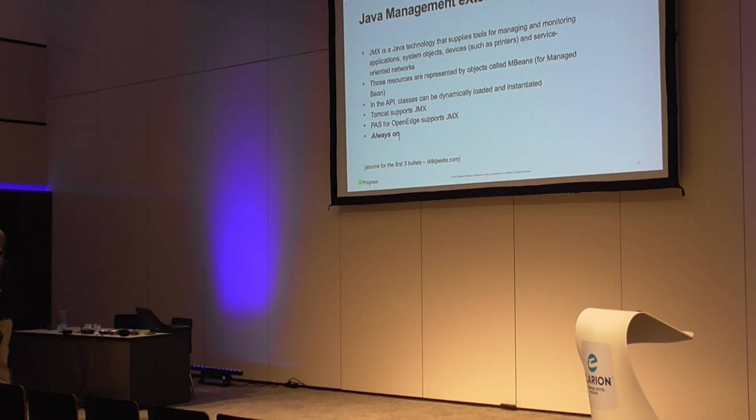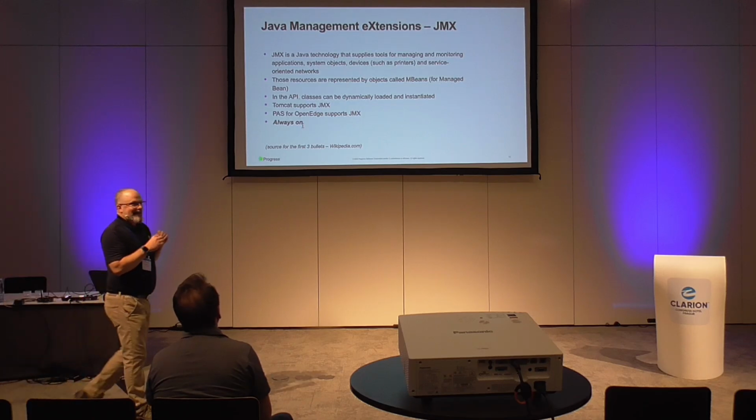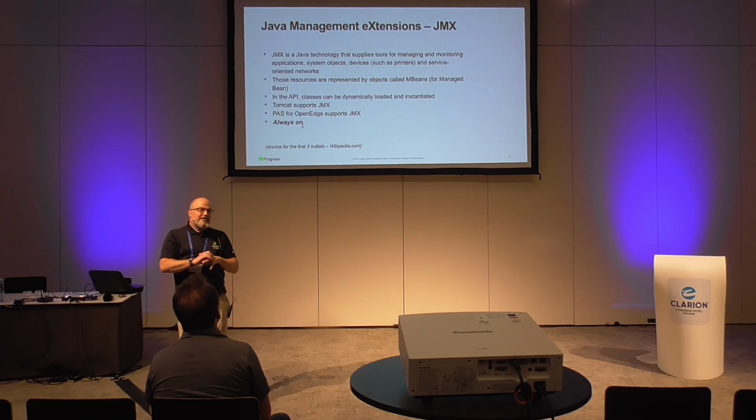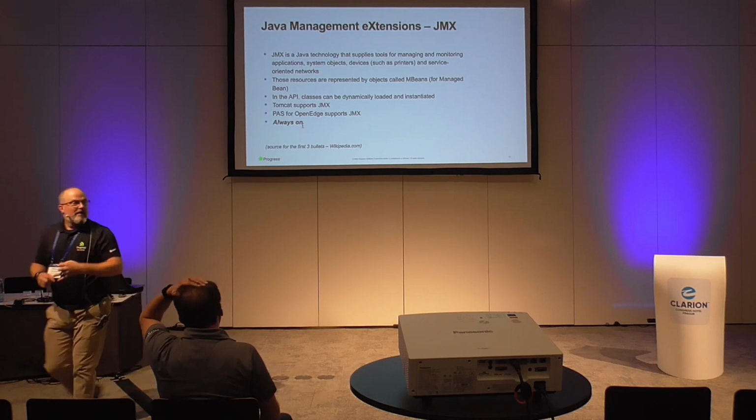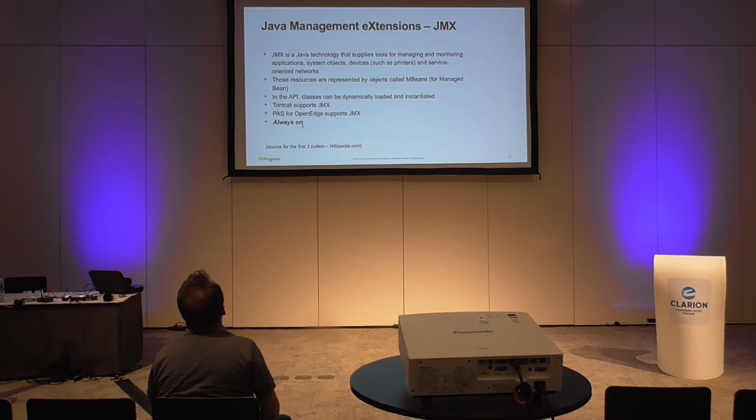Like, maybe it's Tomcat. I can connect to that Java memory. I can ask for the Catalina connector for HTTP, and then I'll ask him, tell me how many connections you've received, how many connections you've responded with. What other things up here? Yeah, so that's that fourth bullet, 1, 2, 3, 4, Tomcat supports it.